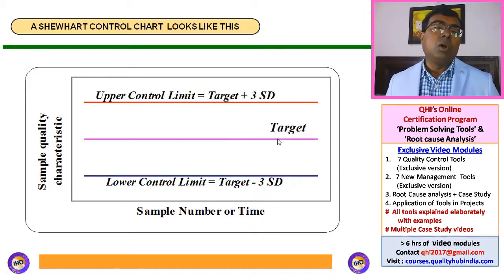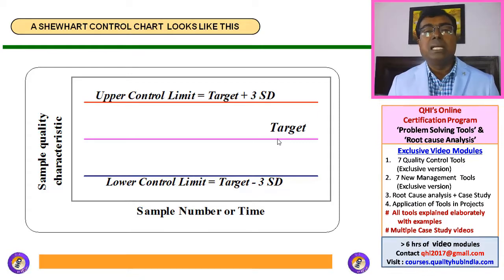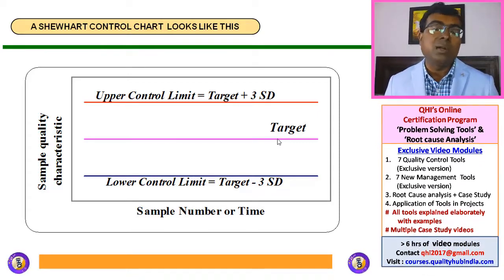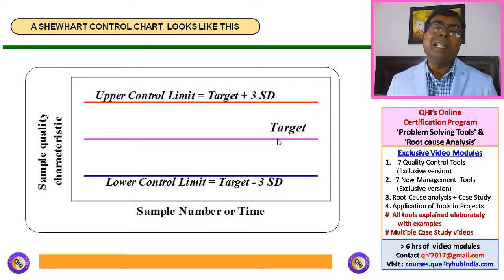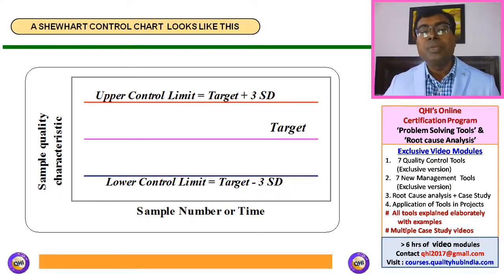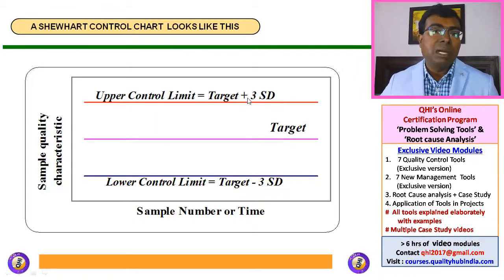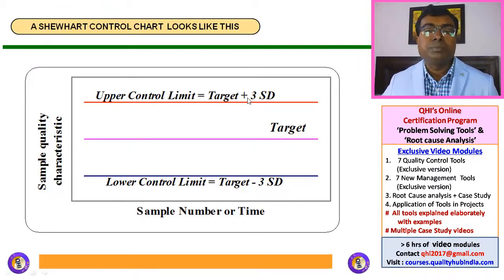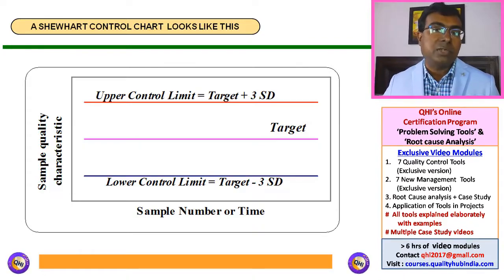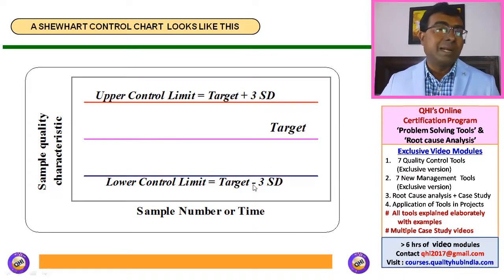This is applicable in all cases, whether you are using the X bar R chart, P chart, C chart, NP chart, U chart, X bar S chart or individual moving range chart. In all cases, the upper control limit is at 3 standard deviations or 3 sigma, in a broader sense, which is how it is commonly used in industry, and the lower control limit is 3 sigma below the target value.